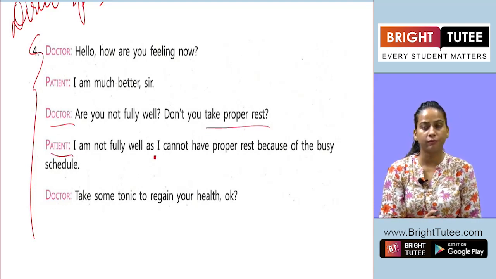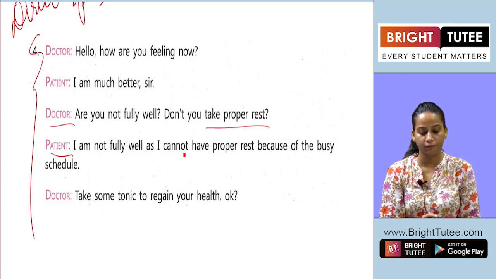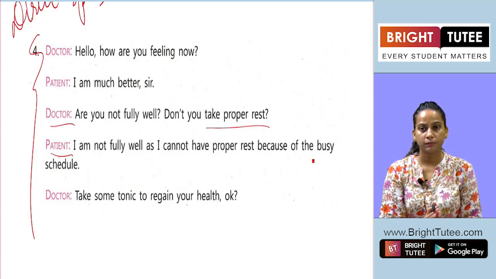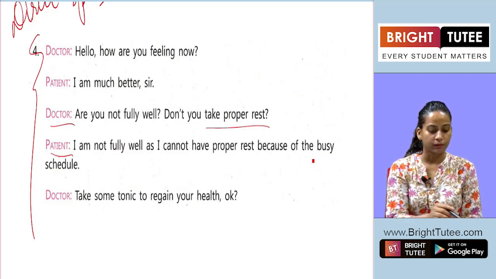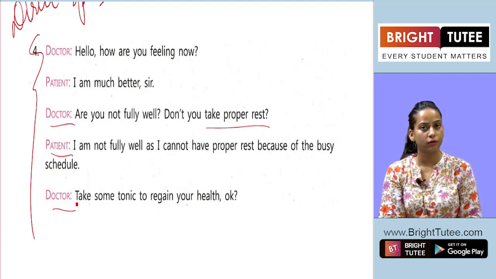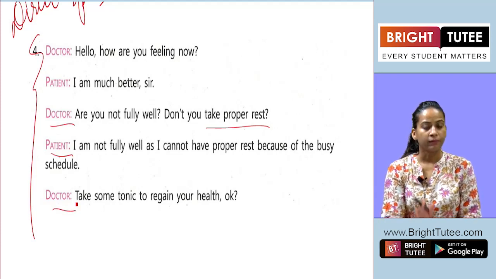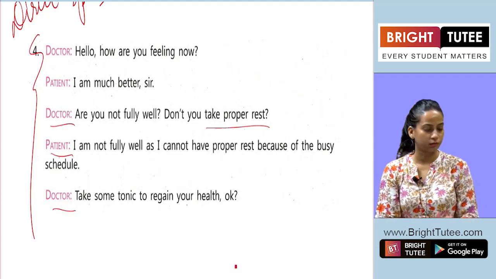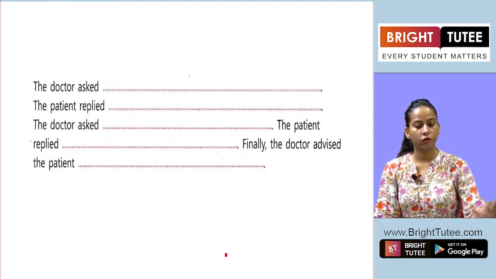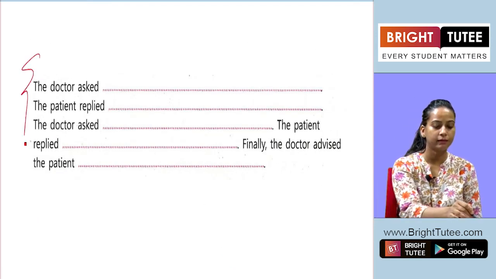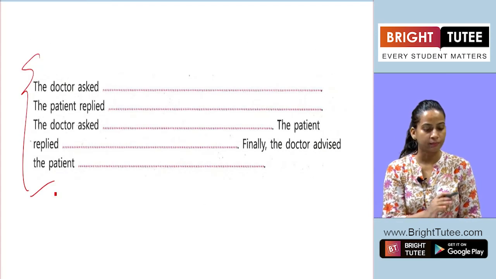Patient, I am not fully well as I cannot have proper rest because of the busy schedule. Doctor, take some tonic to regain your health. Okay. So this is a conversation between the doctor and the patient. Based on their conversation, we are going to complete the given statements.